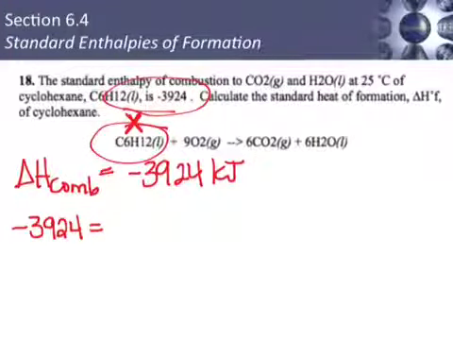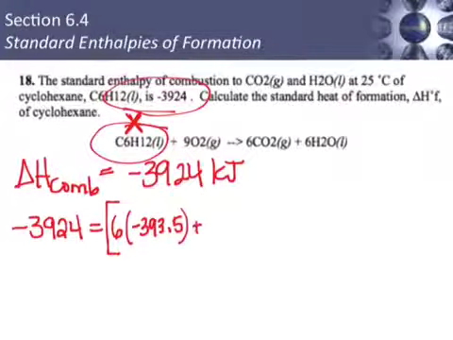Yep, kilojoules per mole. So now we have product, CO2. We have 6 of them times negative 393.5. We're going to add to that our 6 waters, negative 285.9.